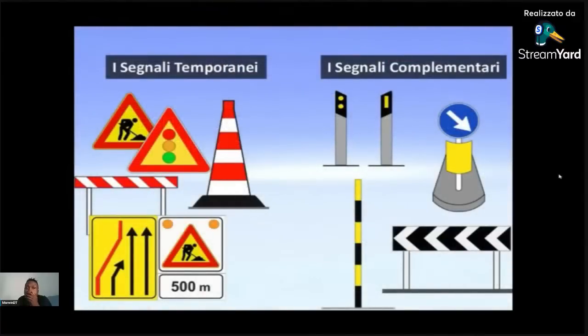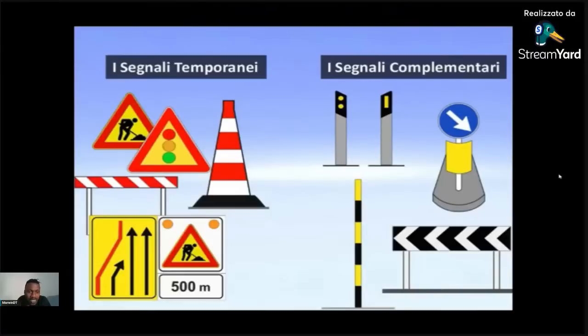Now, segnali temporanei e segnali complementari. We are going to look at the differences between the two types of signs. Segnali temporanei are temporary panels or temporary signs.